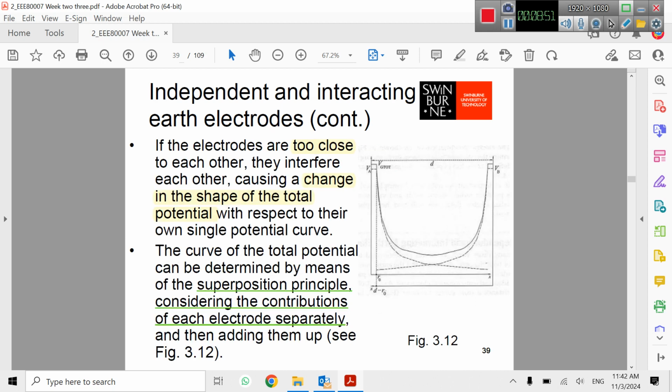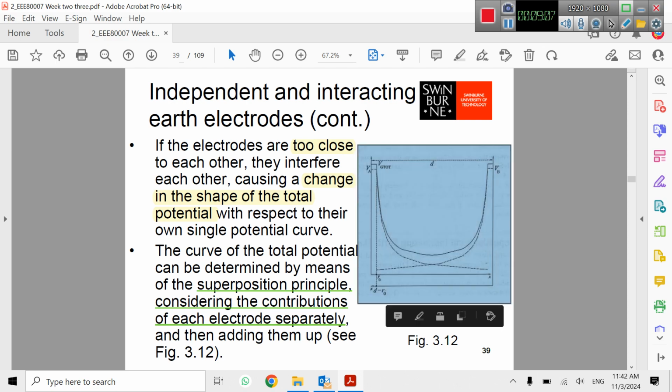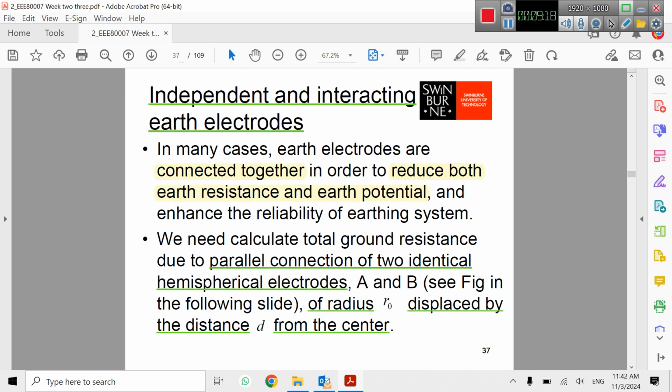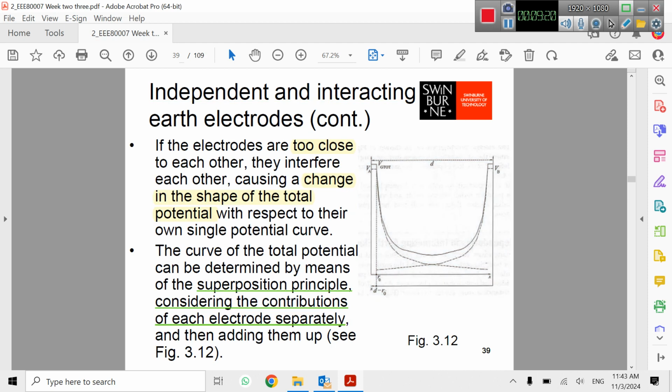Then if the electrodes are too close to each other, as I mentioned, they should be at least 5 times the radius apart. You can see the graph for this should be like this. If we increase the distance, the voltage has to reduce, but in this case when they are close to each other, you can see the voltage is linked to the other one, which it has to follow.